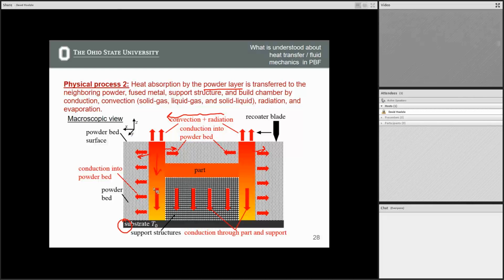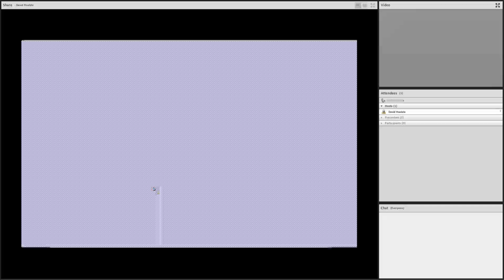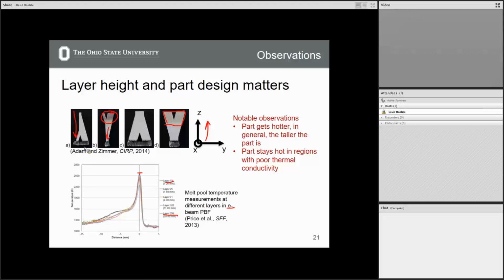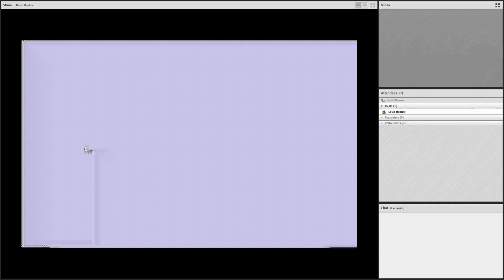The substrate, just to remind you, we have to go back a few slides on this. You can see where it's been cut off here. That's the build plate. There we go.